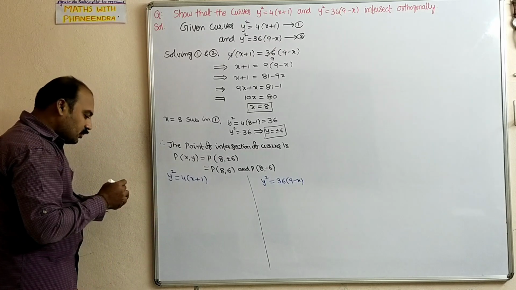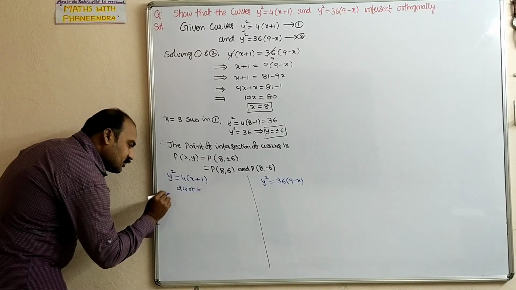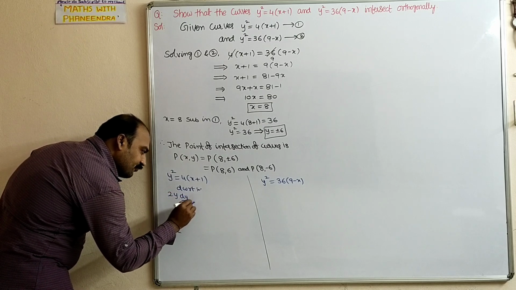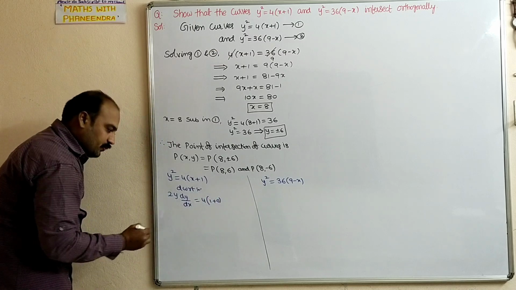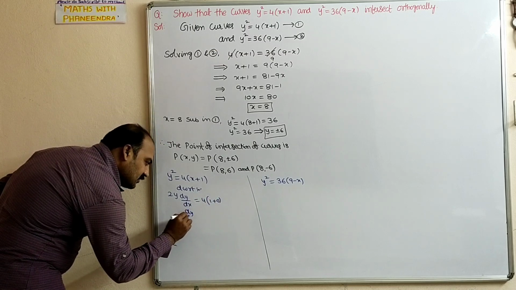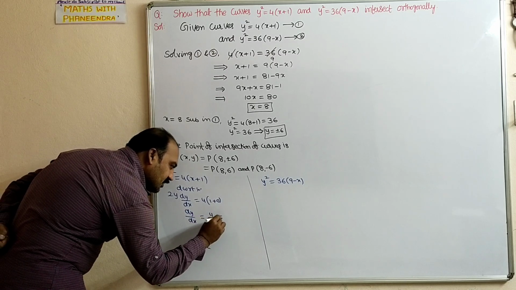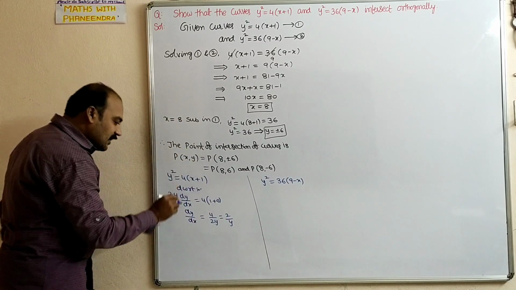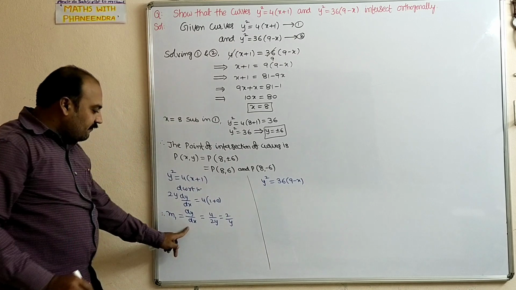So differentiate both the curves with respect to x. Y square derivative is 2y, times y derivative is dy by dx, which is equal to 4 into (x derivative is 1 and constant derivative 0). So I want dy by dx. dy by dx equal to 4 by 2y, which is equal to 2 by y. Slope of the first curve, I am denoting with m1. Therefore m1 at what point?